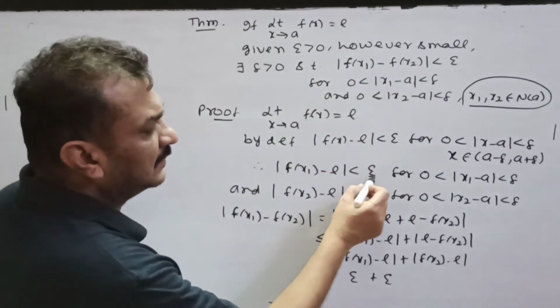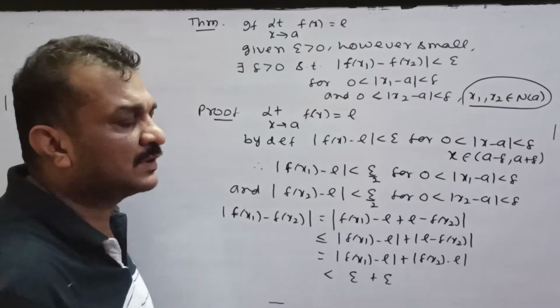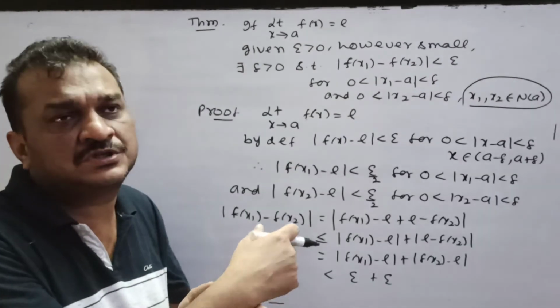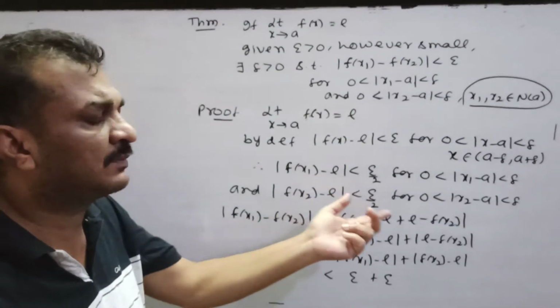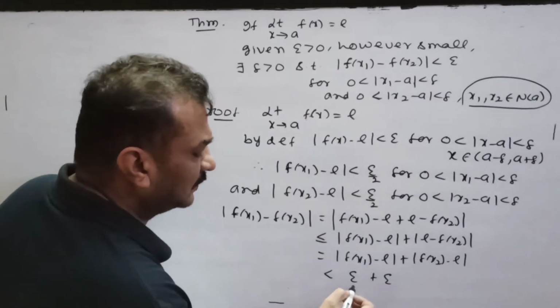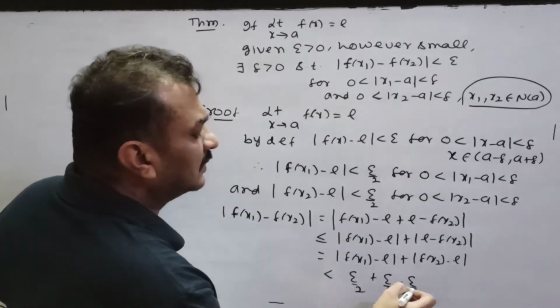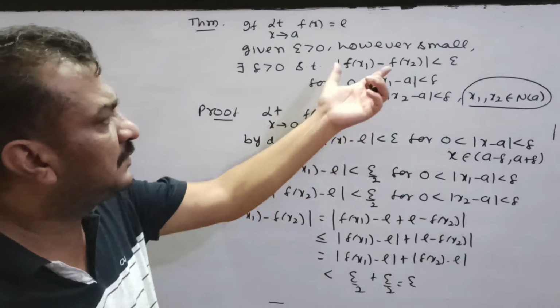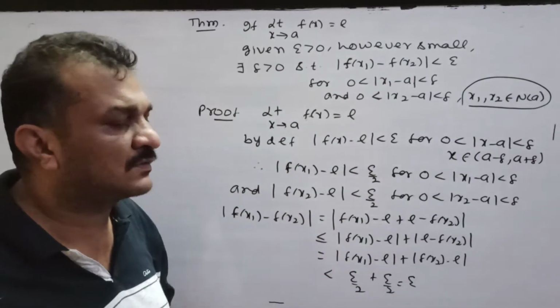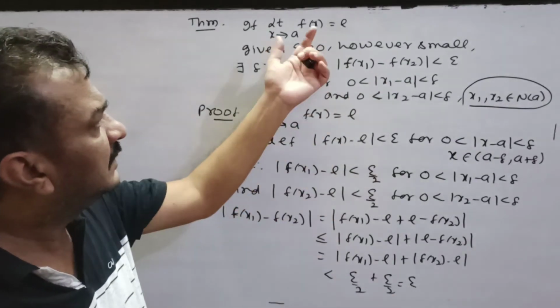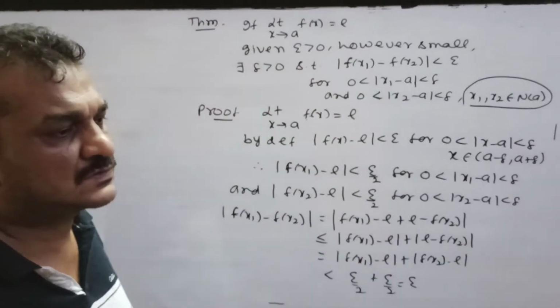So we take epsilon by 2, because this value should be smaller. Epsilon by 2 plus epsilon by 2 equals epsilon, no problem. So we prove |f(x1) - f(x2)| < epsilon if the limit exists.